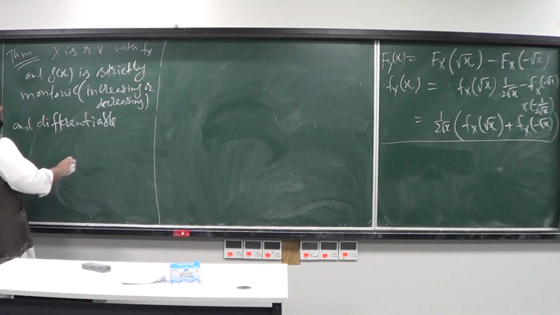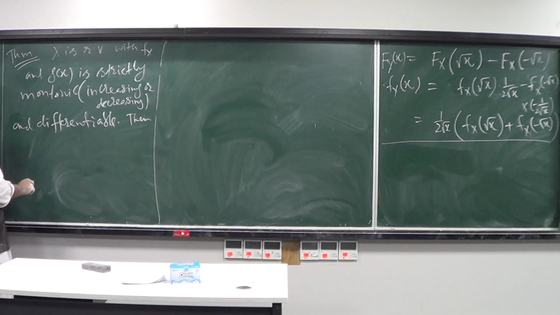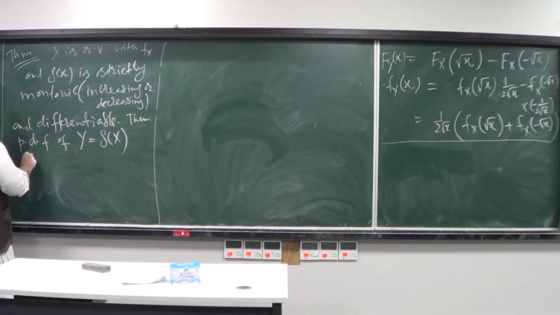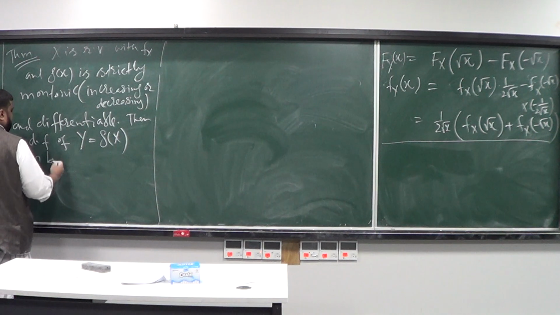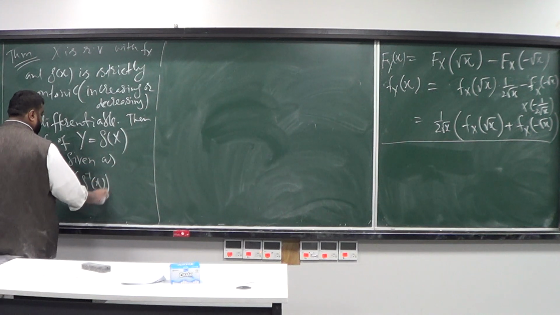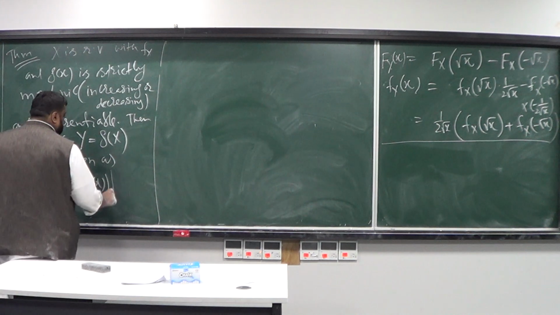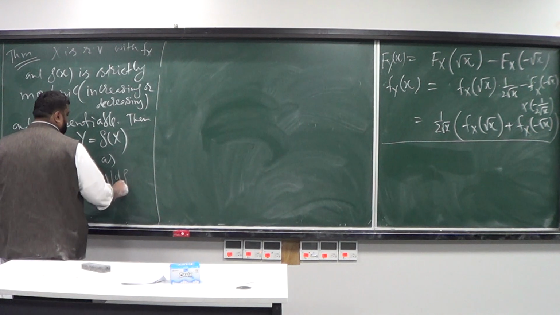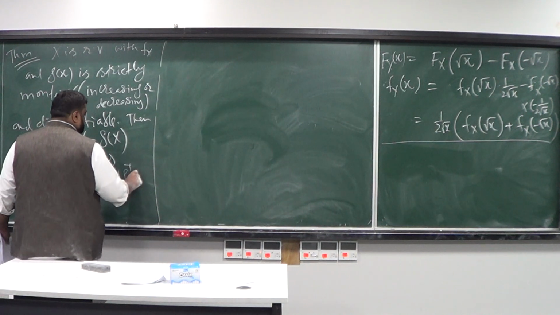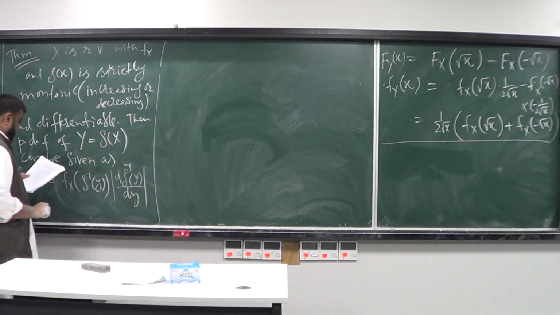Then the PDF of Y equal to g(X) can be given as this. f_Y(y) is equal to f_X evaluated at g inverse of y, times the absolute value of the derivative of g inverse of y with respect to y.